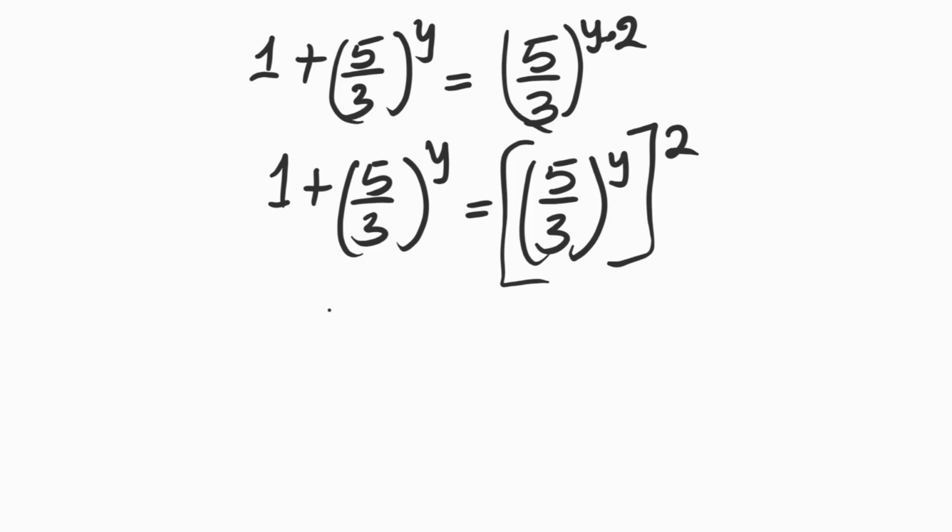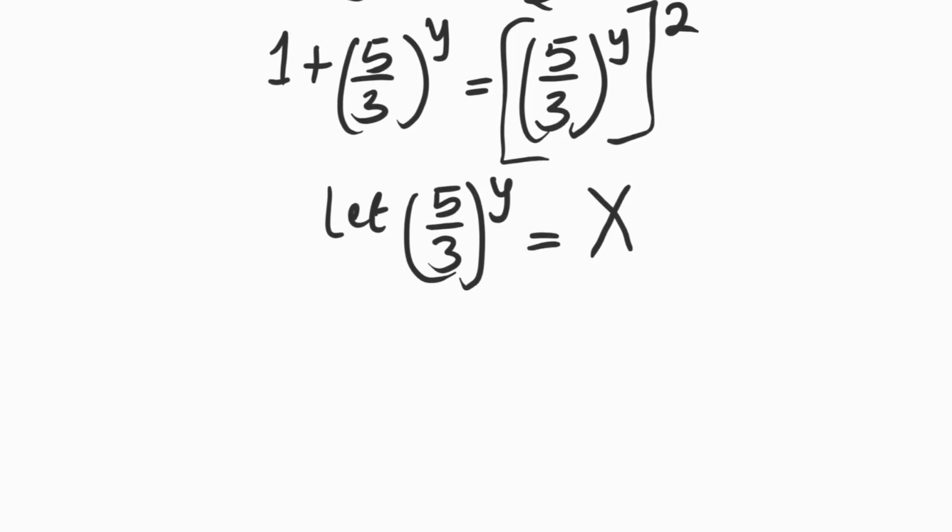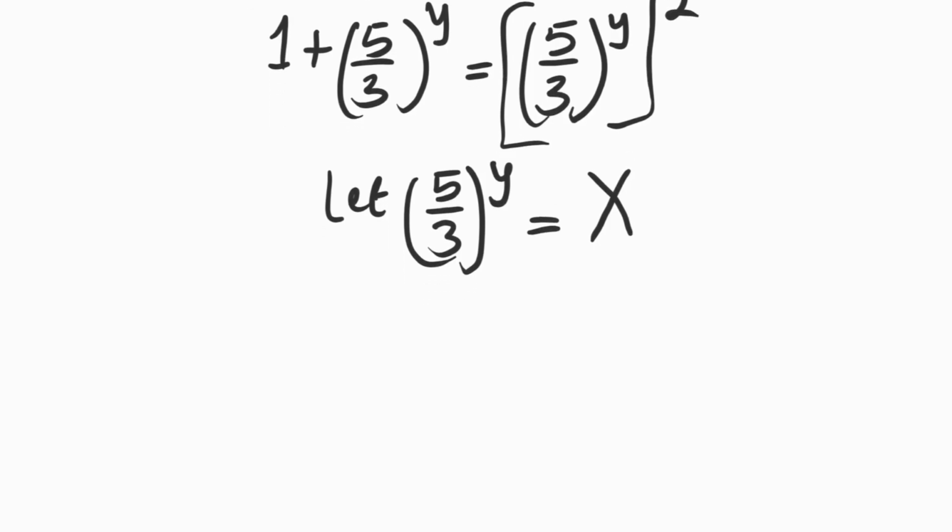So, in order to make this look easy on the eye, let 5 over 3 raised to the power y equal, say, x. Okay? Now, the equation becomes 1 plus x equals x squared.